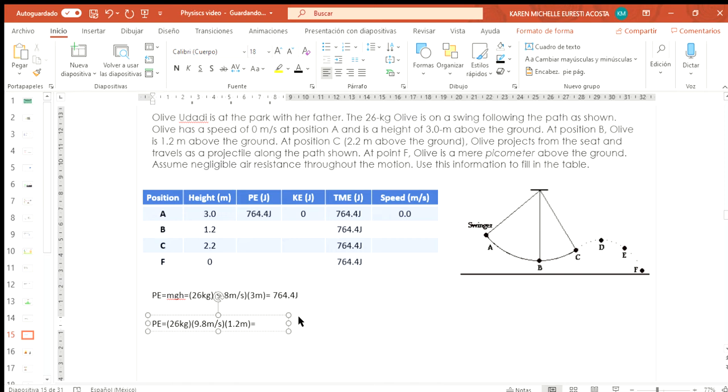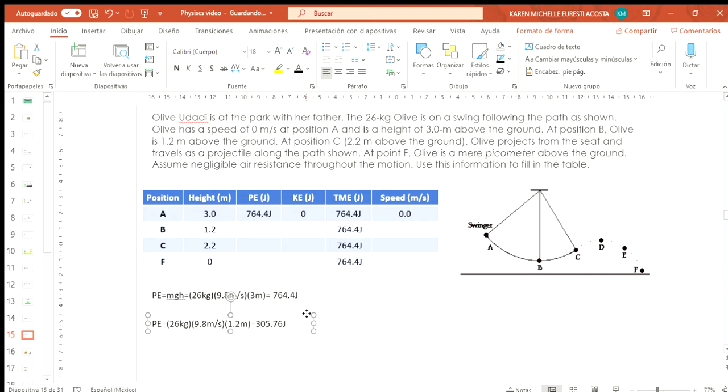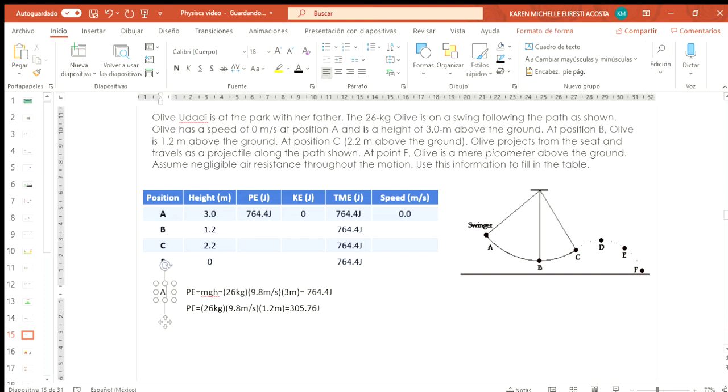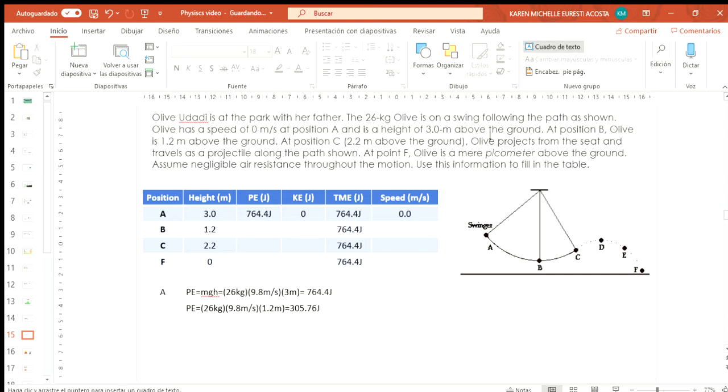That gives us 305.76 joules. This is for position A, and this is for position B.